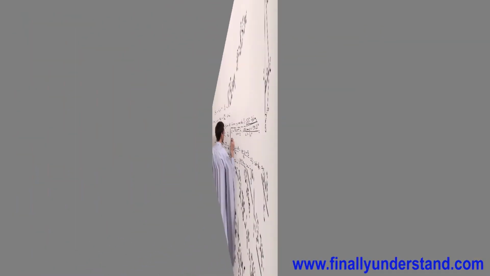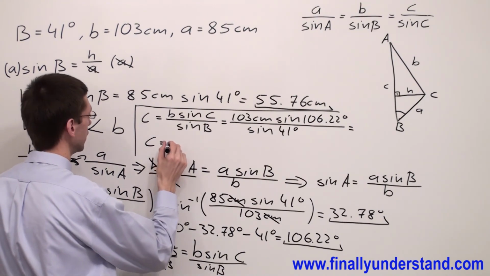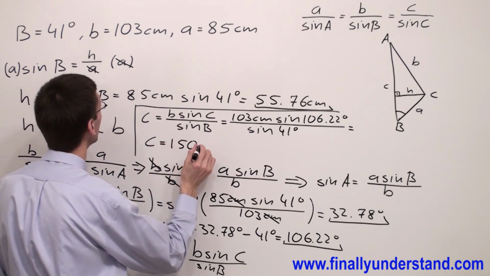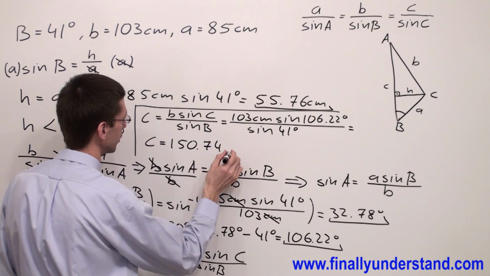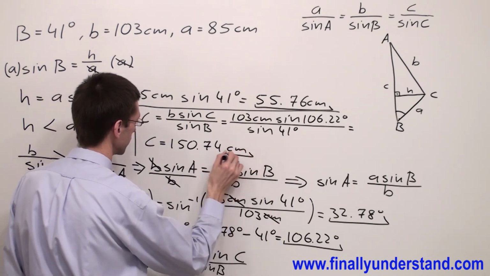This is equal, C is equal to 150.74 centimeters.